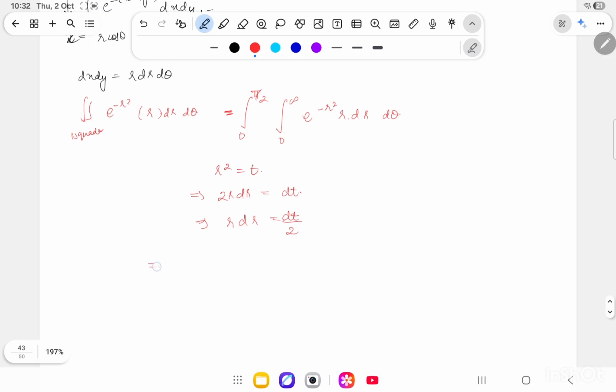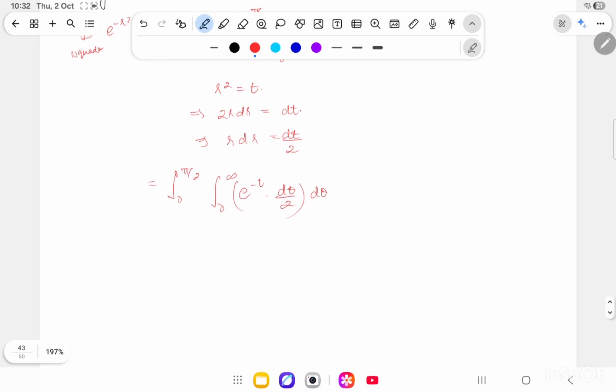My integration reduces to 0 to pi by 2, 0 to infinity, e raised to minus t, and r dr is dt by 2, into d theta. And since this integration is not dependent on theta, I can separate the double integral as the integral from 0 to pi by 2 of d theta, into the integral from 0 to infinity of e raised to minus t dt by 2.